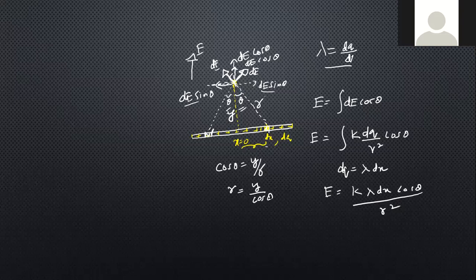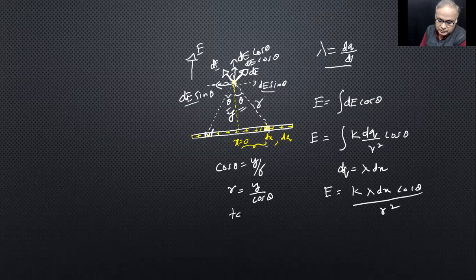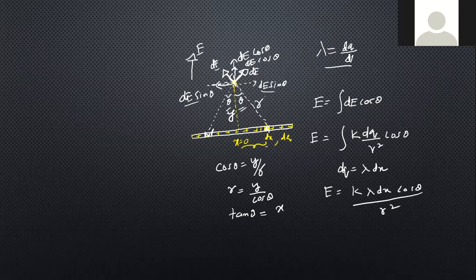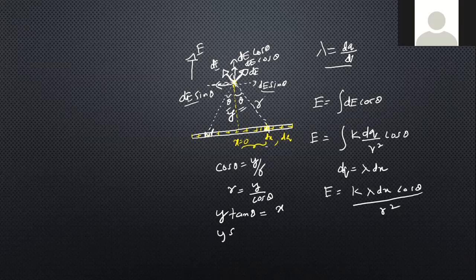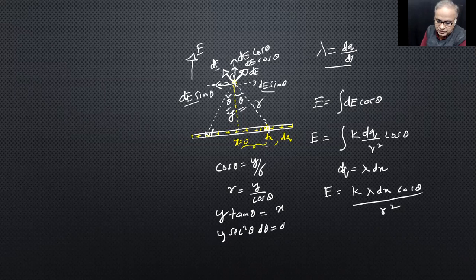Similarly, tan theta equals, tell me, x by y. So y is the constant because I should get in terms of y. Let me take the derivative of x with respect to theta. That is y secant square theta d theta equals dx.